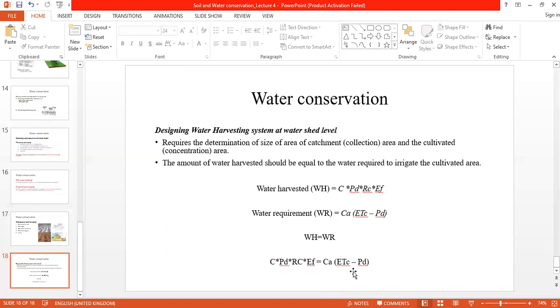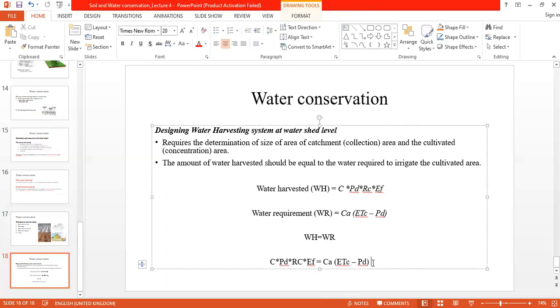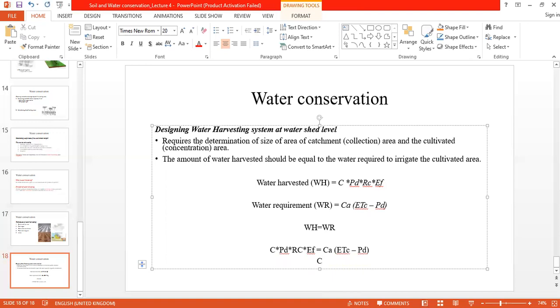So usually what you can do is make a ratio. Let me just type it. You can rewrite this formula as, for example, C over CA equal to this.